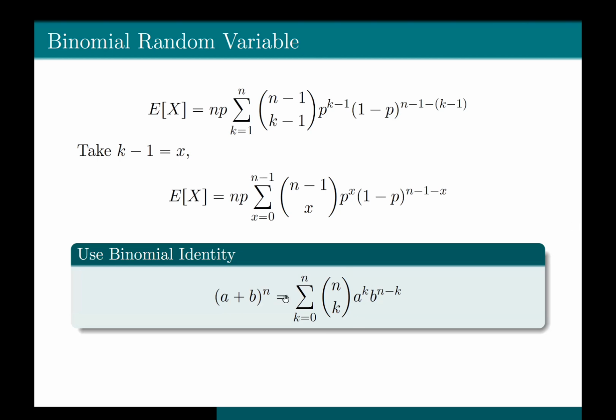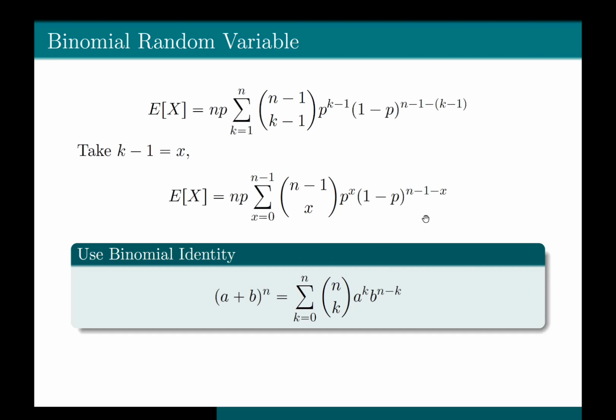Okay, so if you look at the binomial identity, it says that (a plus b) to the power n is equal to the summation k going from 0 to n of nCk times a to the power k times b to the power n minus k. Now, if you look at the expression above, treat x as k, treat p as a, and treat 1 minus p as b.